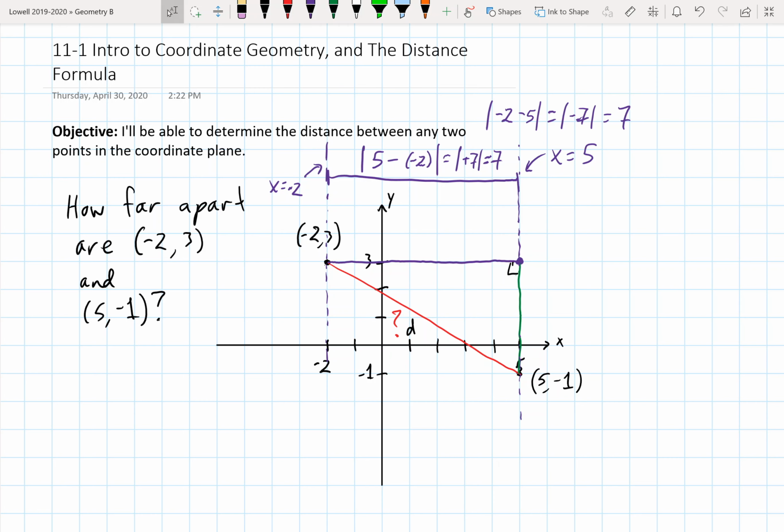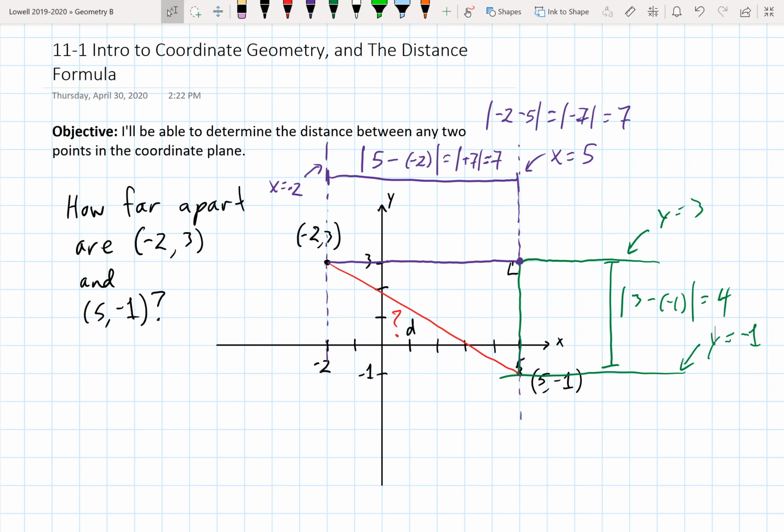Likewise, if we look at the y coordinates, this green line right here is the line y equals 3, and down here is the line y equals -1. And so the distance between them would be the absolute value of their difference, 3 minus -1, the absolute value of that would be 4.